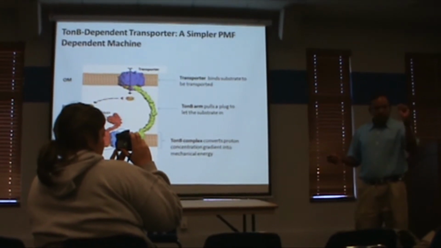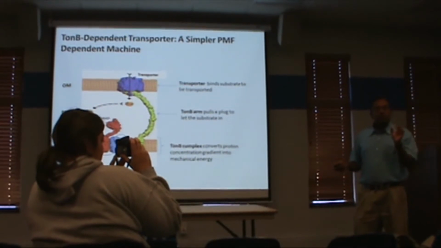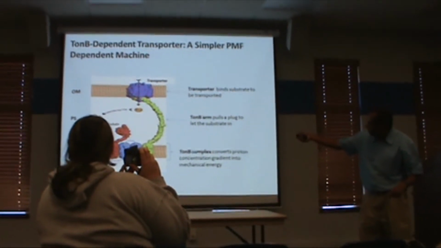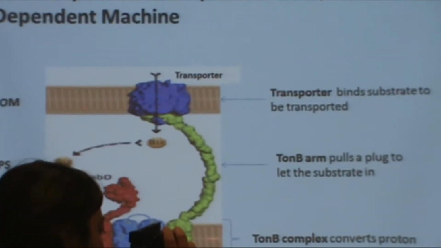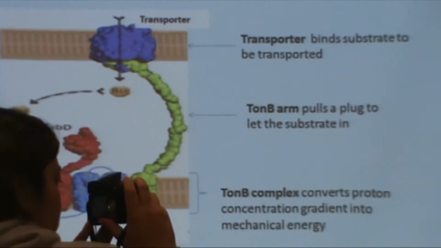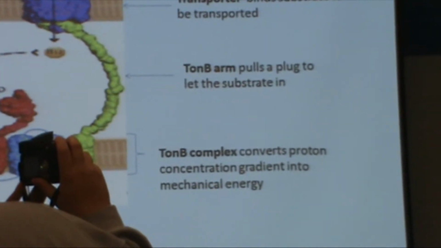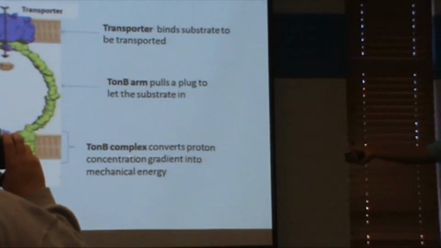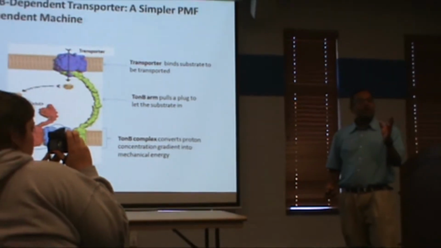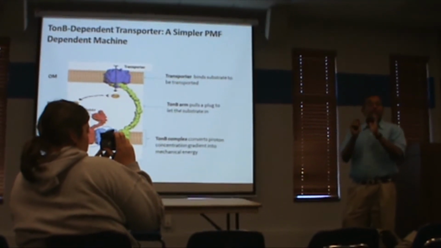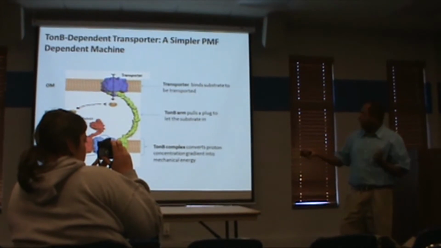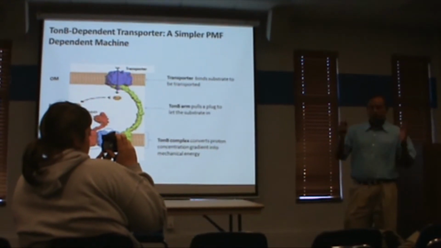As the name says, TonB-dependent transporter, it has a transporter component and it depends on a complex known as the TonB complex, another set of proteins inside. This TonB complex is somewhat a molecular machine like the flagella assembly, but it is not that fancy and doesn't do much work.